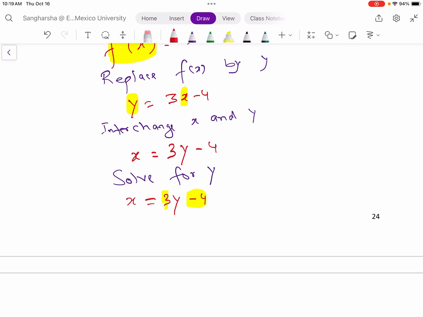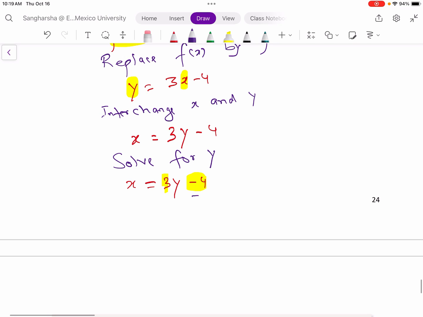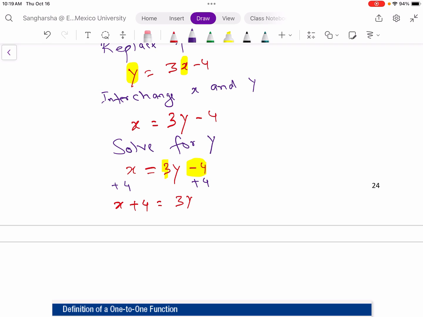How do we get rid of negative 4? We add 4 on both sides. So we have x plus 4 equals 3y. Now we need to get rid of 3, and for that we divide each term by 3. So we have x over 3 plus 4 over 3 equals y.